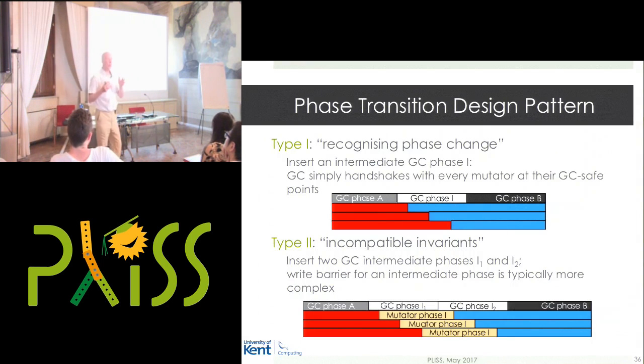To do if I'm allocating them black, and these we switch on a barrier.